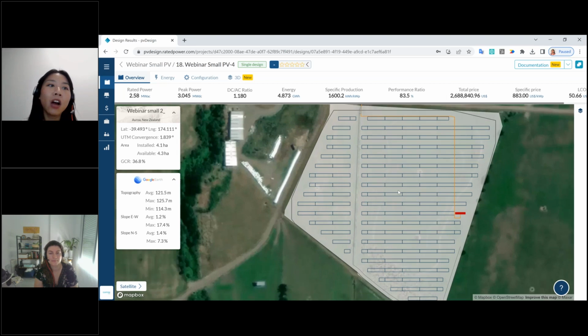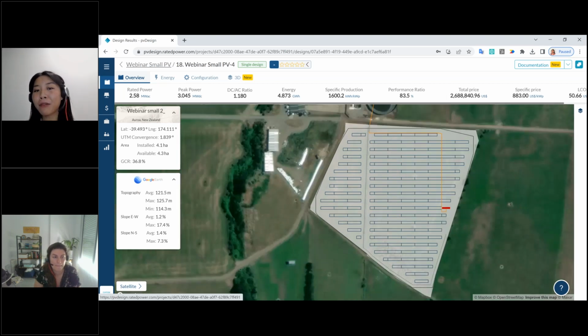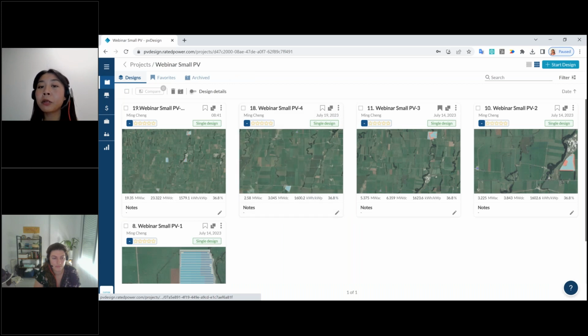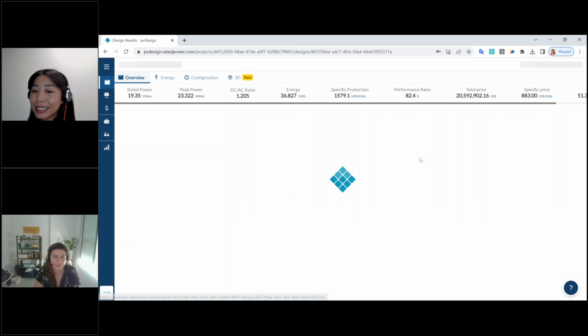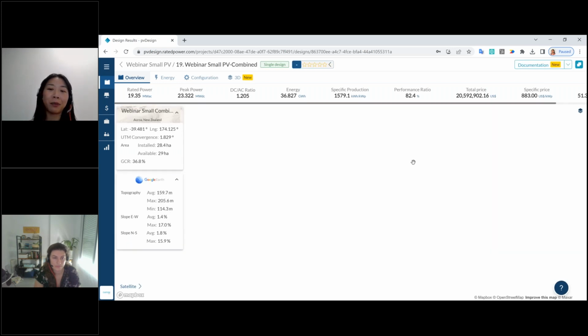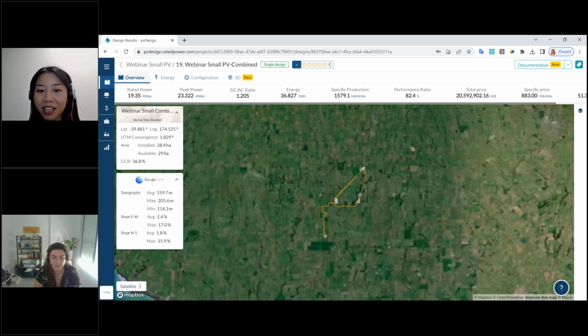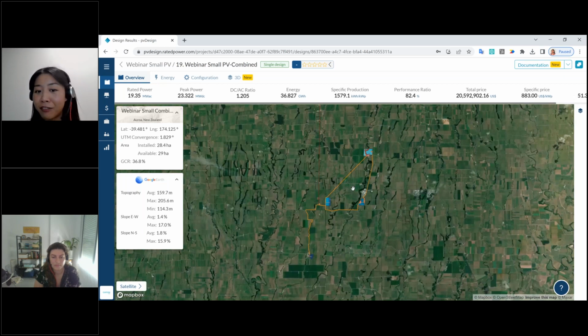All right. Okay, so that was all of my 4 solar plants. I have simulated them individually in different designs. And finally, I have also combined all 4 plants together to develop them as, for example, a portfolio of mine. I actually want to include all 4 of them in my future investment.